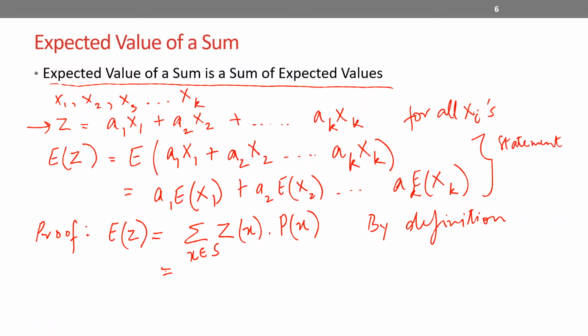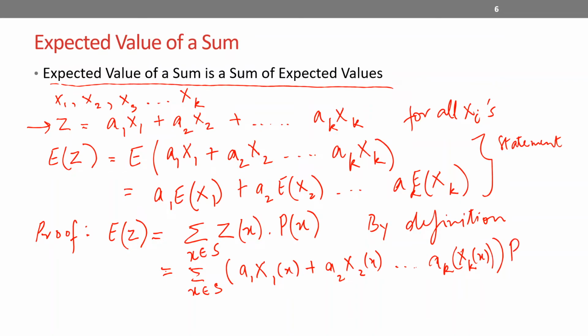So basically, this points to the fact that x belongs to S, and z of x can in turn be written as a1 x1 of x plus a2 x2 of x, and so on up to ak xk of x, and this entire thing is multiplied by the probability of x, right, for each x essentially.